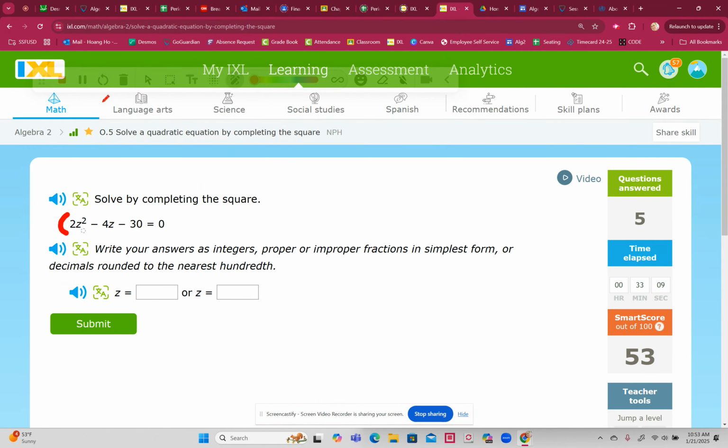Sophie said multiply by 1/2 on both sides. Okay, so let's multiply by 1/2 on both sides. So now we come out at z squared, half times negative 4 becomes negative 2z, half times negative 30 becomes negative 15, and then equals 0.